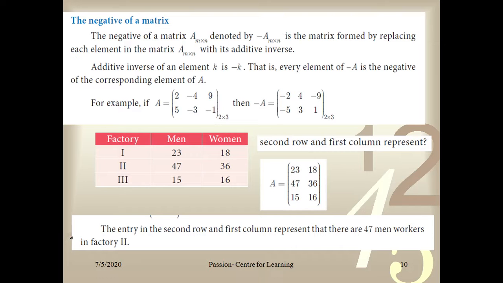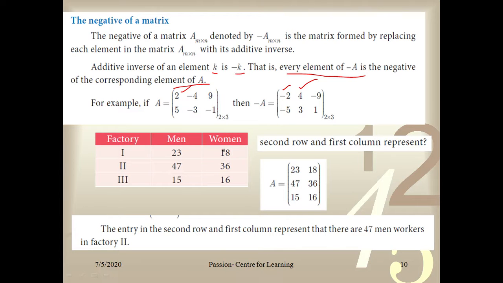So, take any element K. The additive inverse of K is minus K. So, every element of minus A is the negative of the corresponding element of A. So, if A is 2, then the additive inverse is minus 2. Minus 4 means plus 4. The positive values of A become negative and negative become positive. Such a matrix is called the negative of the matrix or the additive inverse.